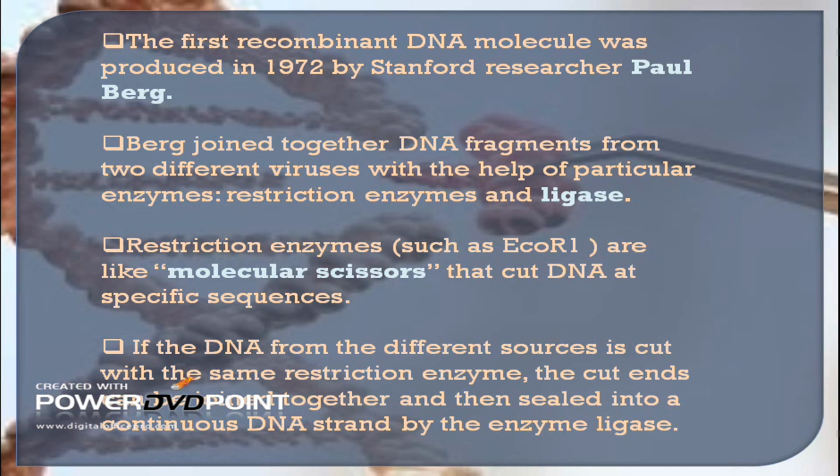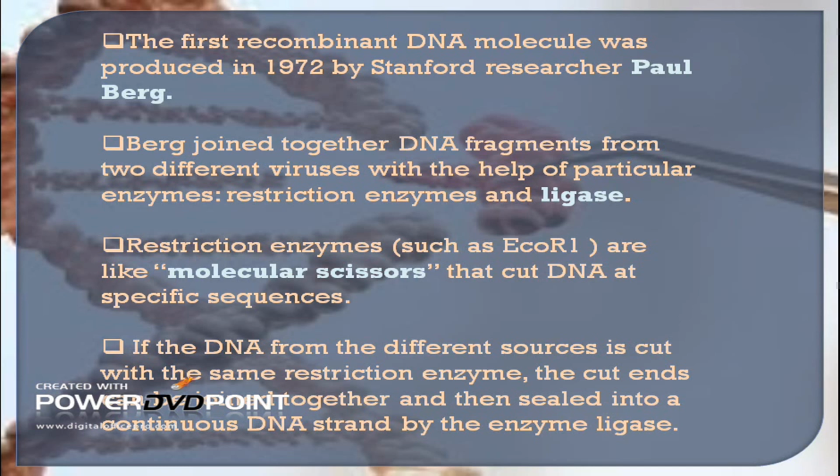restriction enzymes and ligase. Restriction enzymes such as EcoR1 are like molecular scissors that cut DNA at specific sequences. As scissors cut a long ribbon into different sizes of fragments, the RE can cut DNA into small pieces at specific sites.